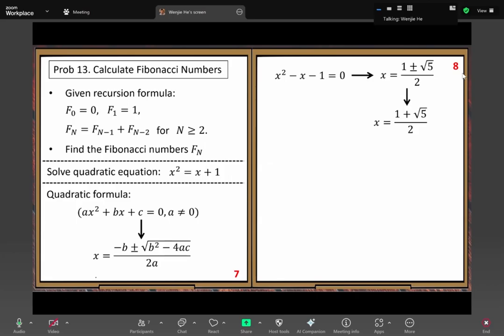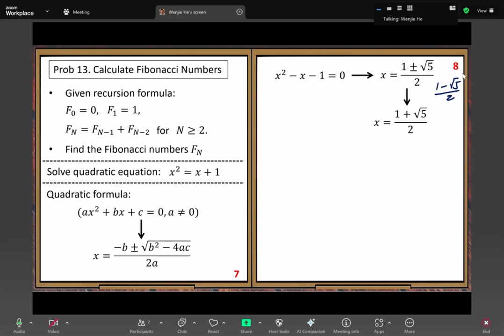But the question is, the second solution, 1 minus root 5 over 2, the numerator is less than 0 because 1 is less than root 5. Then our second solution x is a negative value. But if you go back to our original question, we set x as the ratio of a over b.